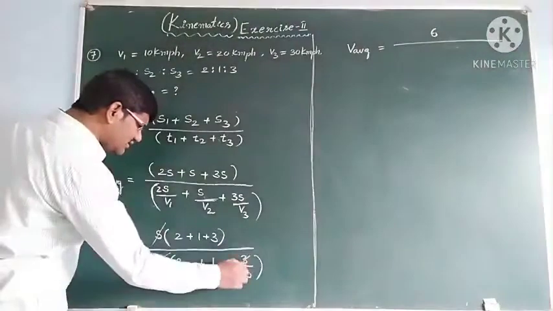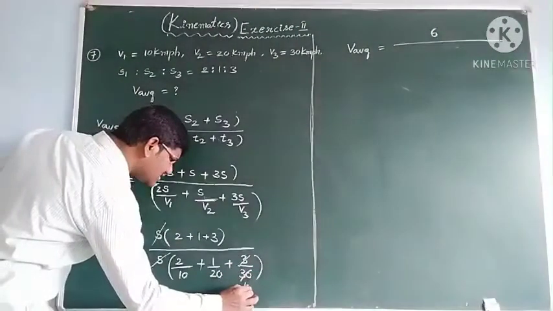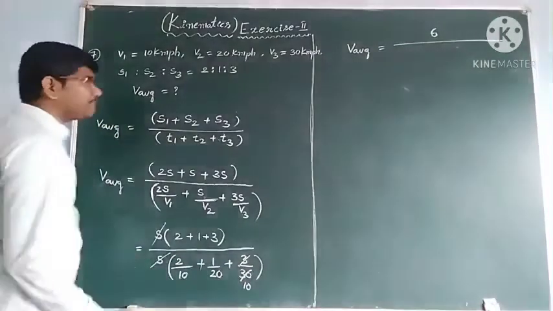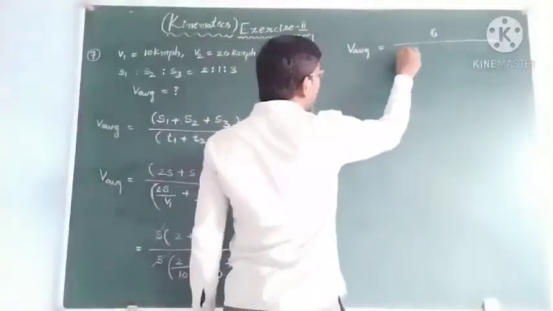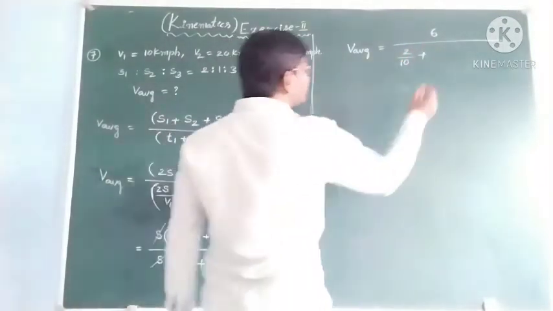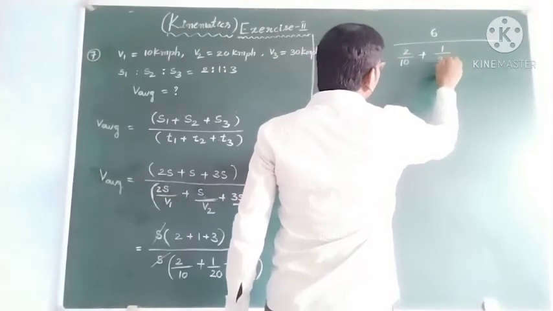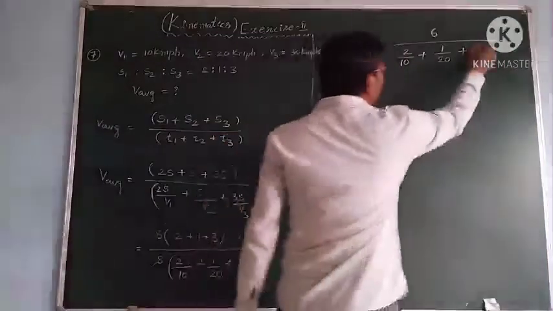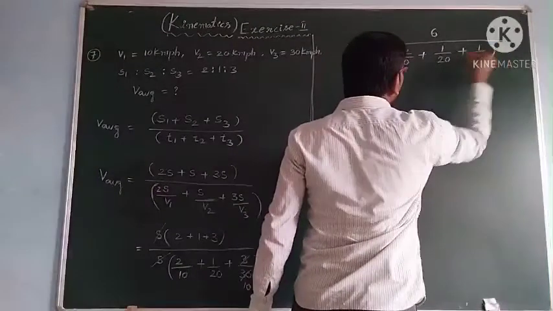You cut this with the ten, so again this will become 1 by 10. Okay, then what do we have students? 2 by 10 plus 1 by 20 plus 3 by 30 means 1 by 10. So this is the value left.